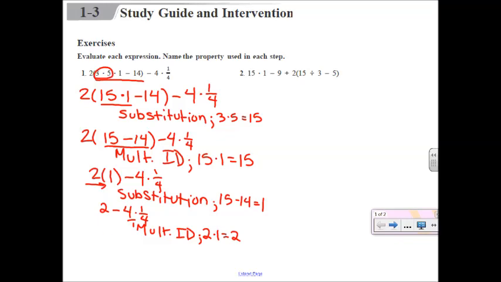So we're going to have 2 minus 1, and that's going to be the multiplicative inverse. And 4 times 1/4 equals 1. And then the last step is a substitution. 2 minus 1 is 1.